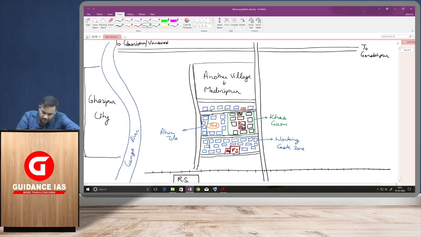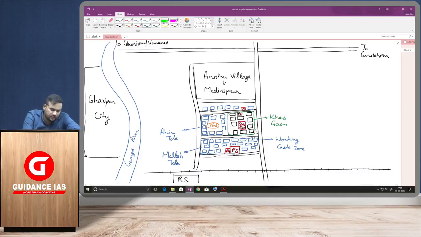This region is the Malla Tola. Malla Tola is where the fishermen of the village are located. So there are specific houses concentrated with a few of the communities. That is one arrangement which is found.